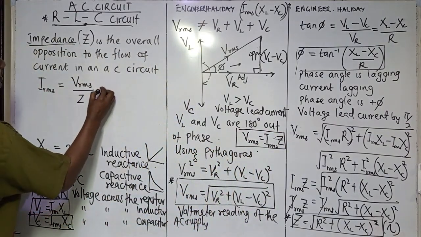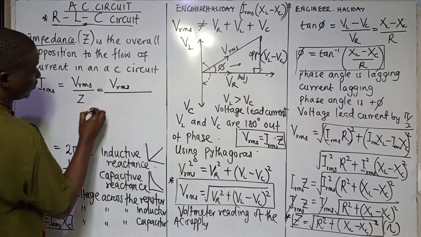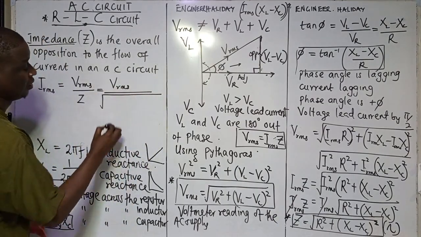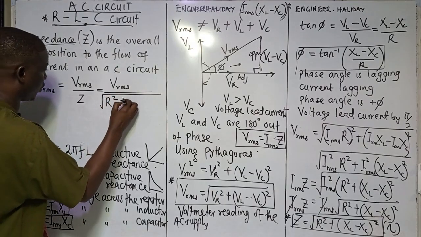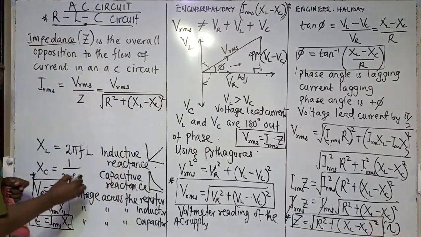So VRMS they will give us, or you can solve it. What is Z? Z is the square root of R squared plus XL minus XC, all squared.